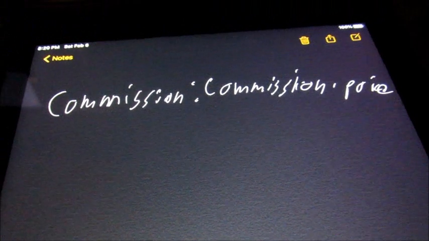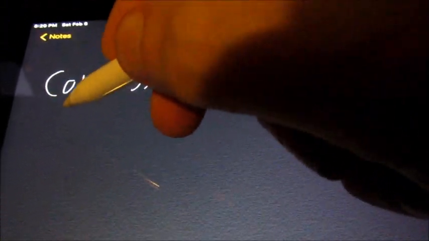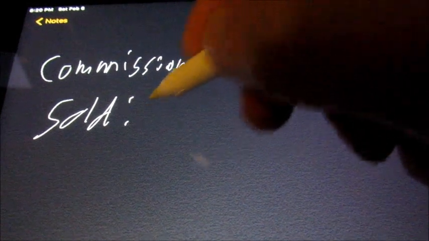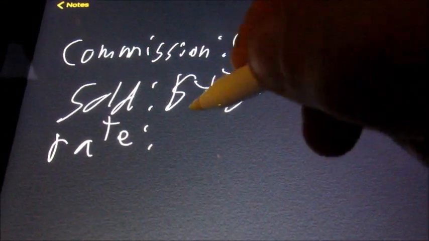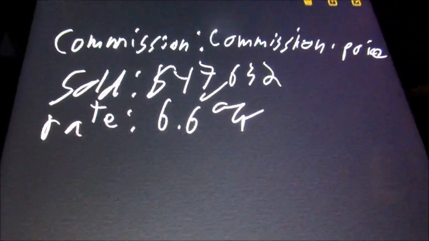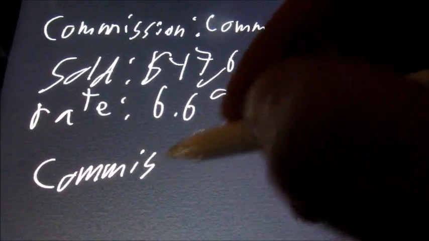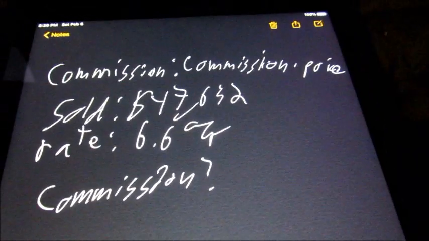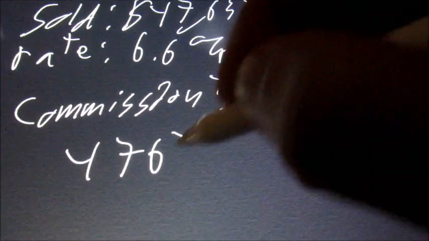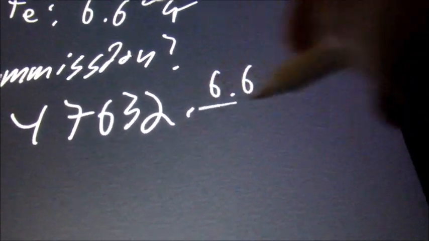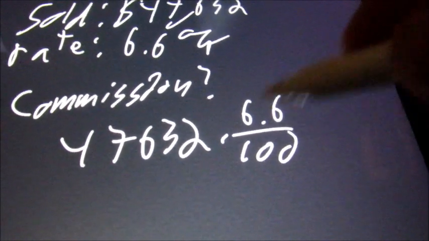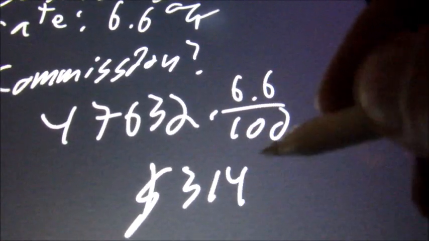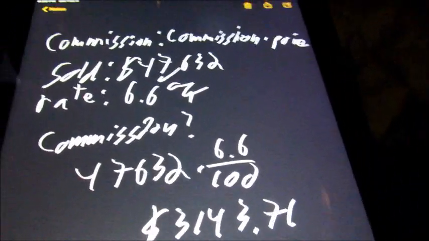So let's say that you're selling something that costs $47,632 and your rate is 6.6%. What is your commission? We're just going to say 47,632 times 6.6 over 100, and we're going to get 3143.71.